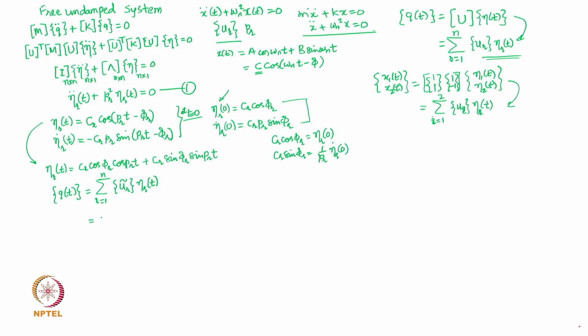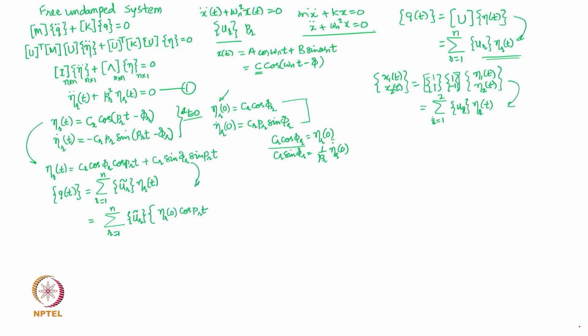So this particular expression, I can get this as Cr cos phi r. Now this Cr cos phi r I am replacing with eta r at t equal to 0, and then I am left with cos Pr t.